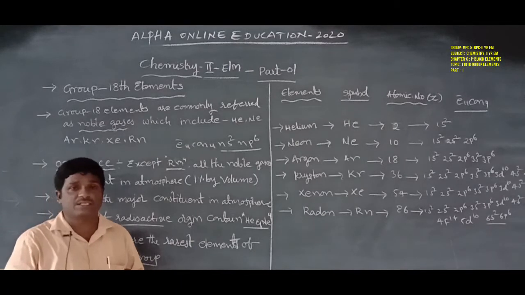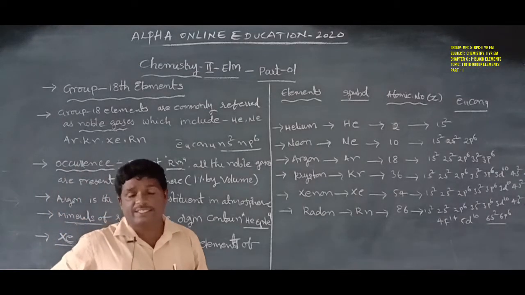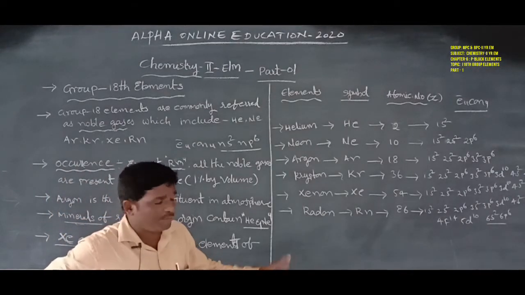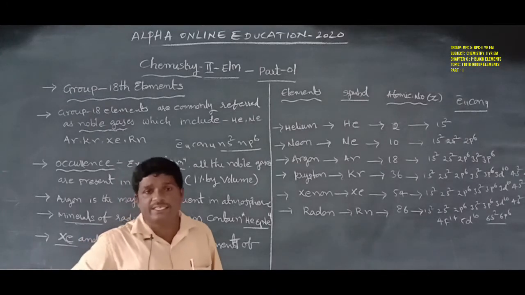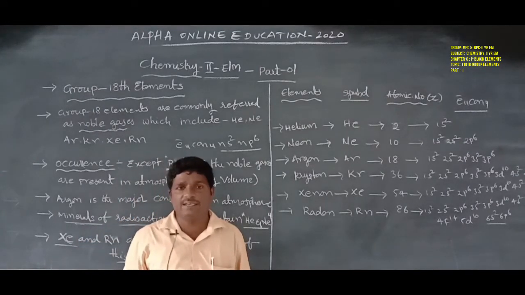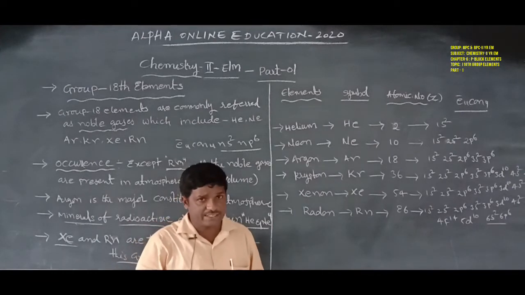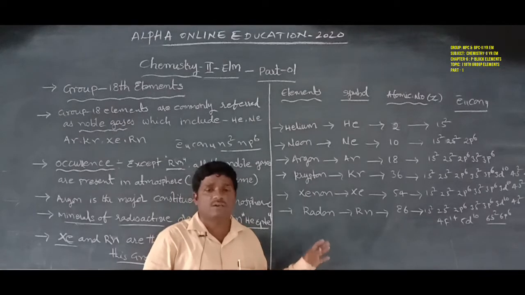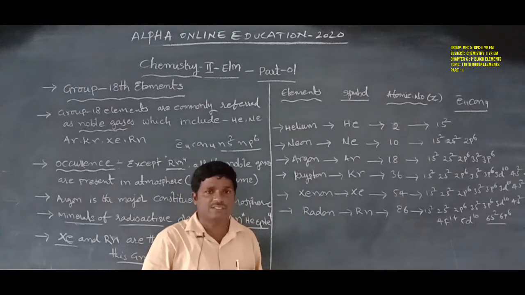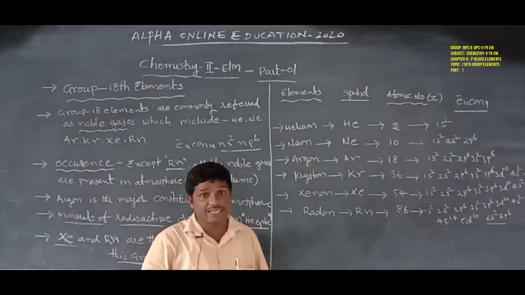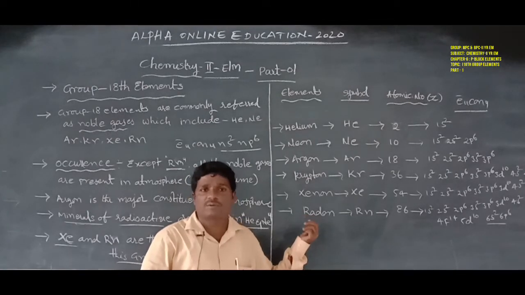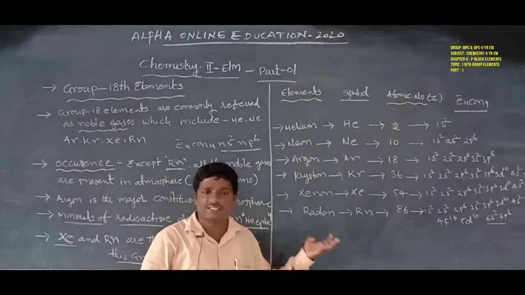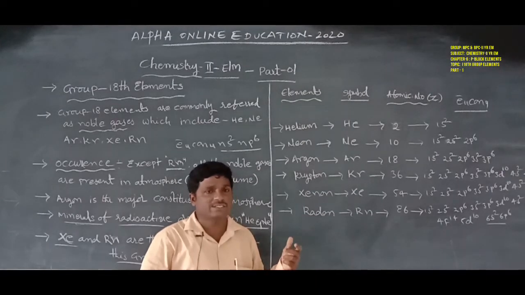The first compound isolated by Bartlett at Columbia University was xenon hexafluoroplatinate. That is how the xenon compounds were discovered.